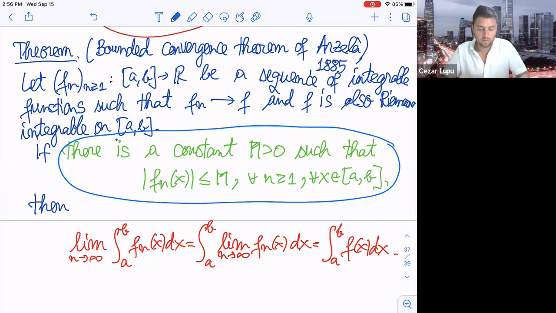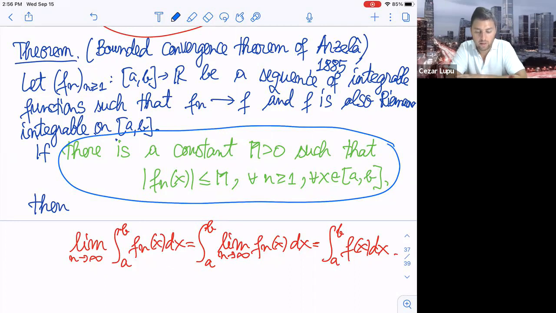Okay, now let me veer towards a little bit more theory. I'd like to talk now about negligible sets. And in fact, I would like to give you two other theorems like this: the monotone convergence theorem and the dominated convergence theorem.